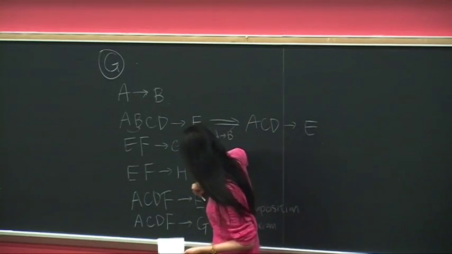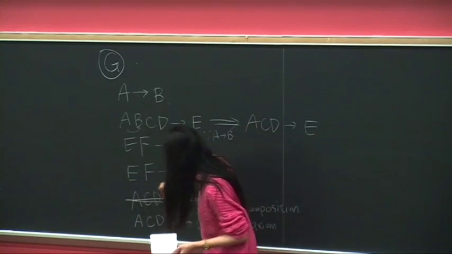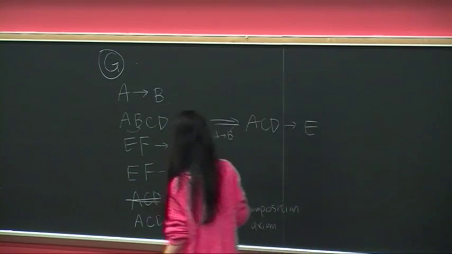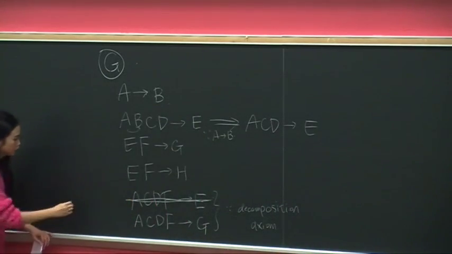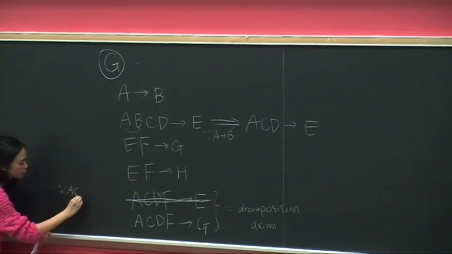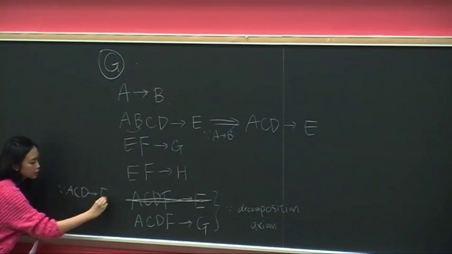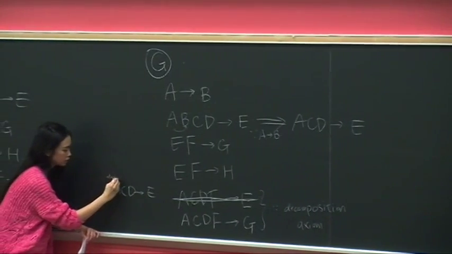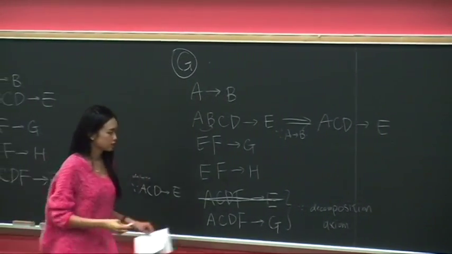So let's take this out, even though we decomposed it. If you don't want to forget why you do that, it's because we already derived ACD determining E. Delete because of that.